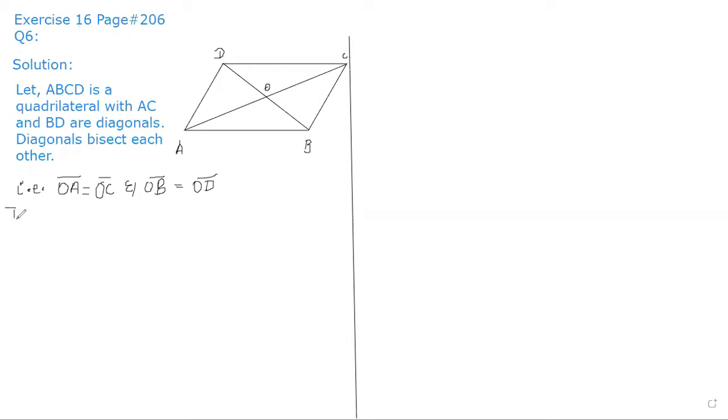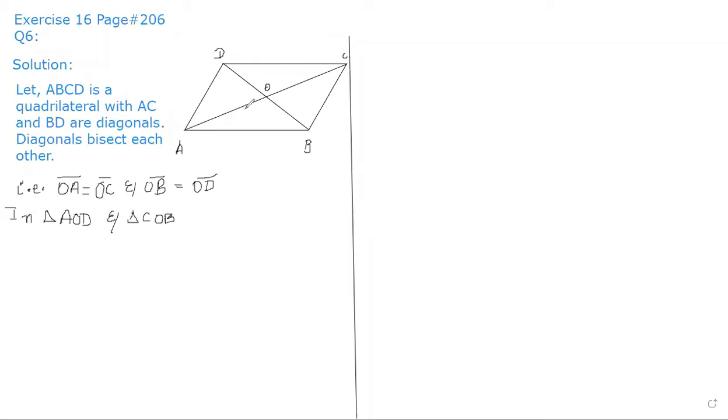So in triangle AOD and triangle COB. Which are these triangles?